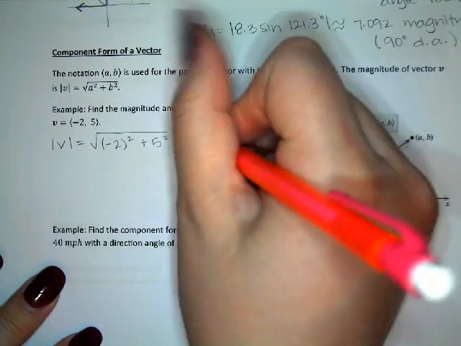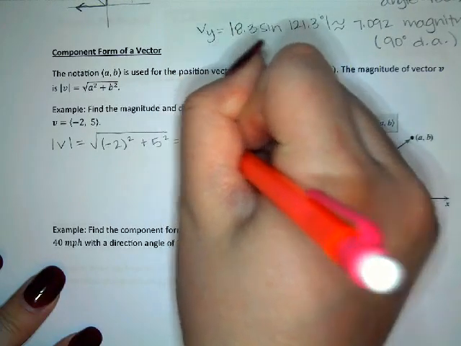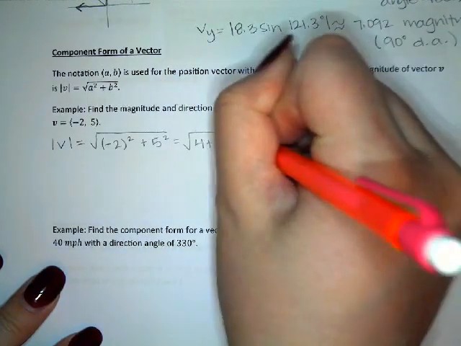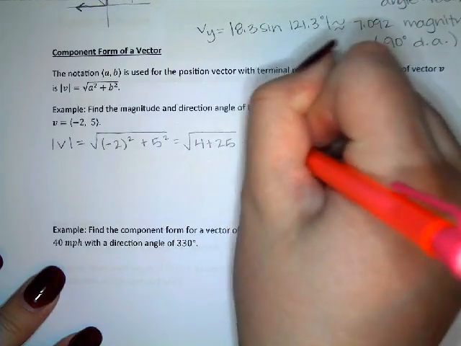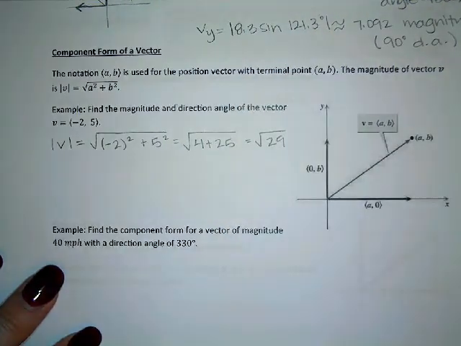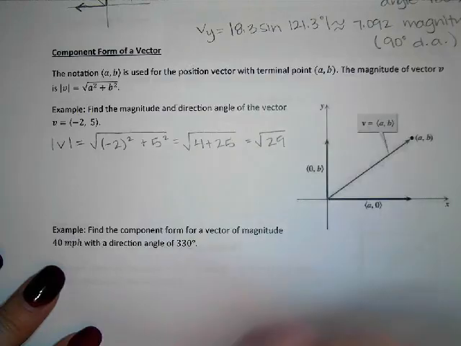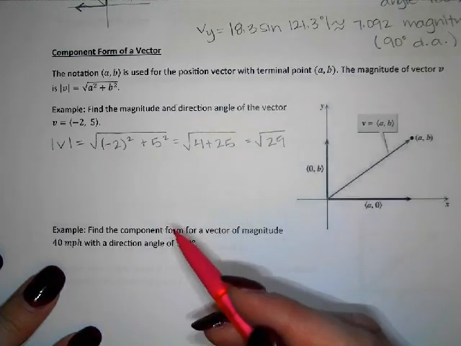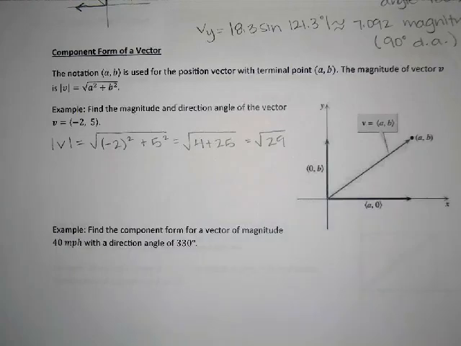So the magnitude of that vector is the square root of 29. And then to find the angle of the vector, we can do a few different things, but what I think is easiest is to use tangent.